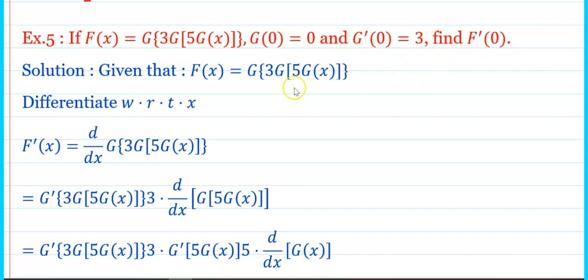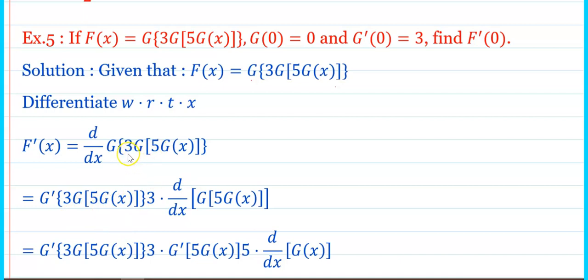No problem. Now our main function is given. F of x is equal to g of 3g of 5g of x. F dash of x is equal to d/dx of g of 3g of 5g of x. Then the derivative of this function is g dash of 3g of 5g of x, bracket complete.